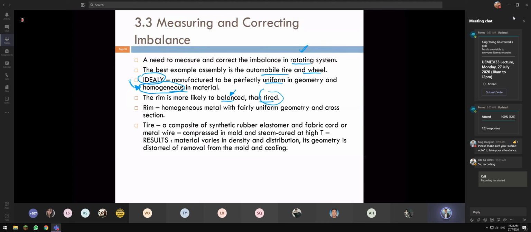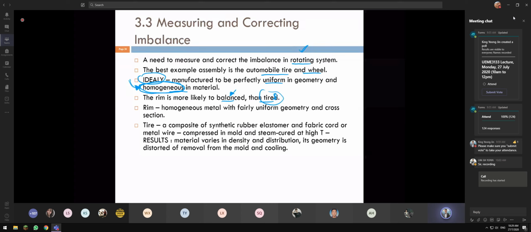But tires are much more difficult to control, especially the homogeneity of the material. If you ever watched or understood how a tire is built, it is built with multiple layers of materials including rubber, steel wires, fabrics, threads, and so on. So it's not just pure rubber.